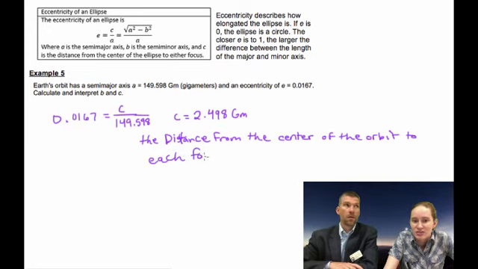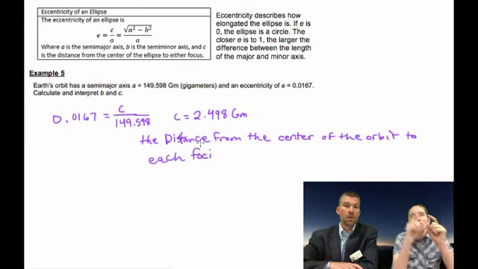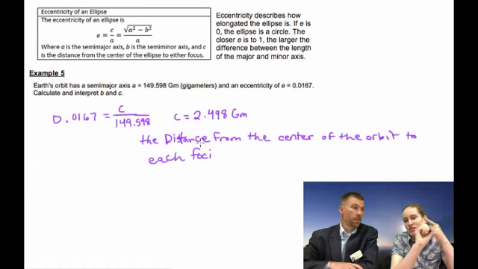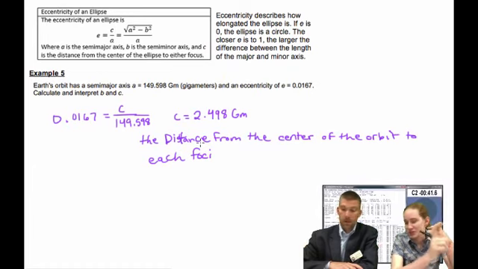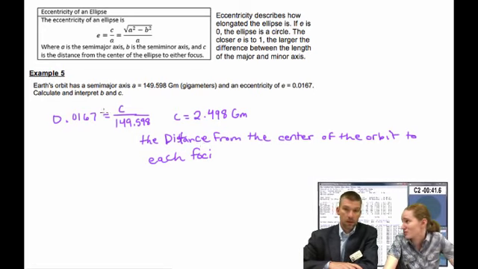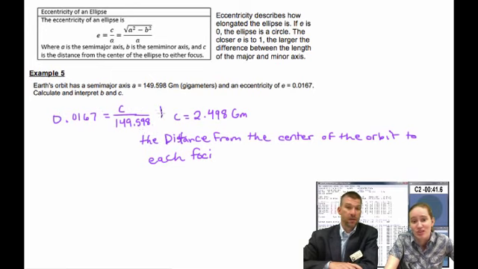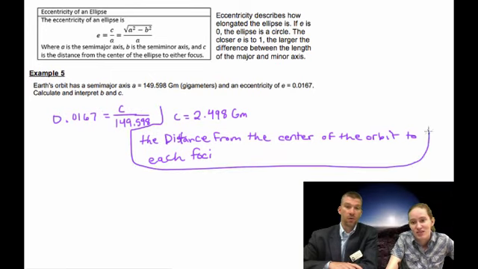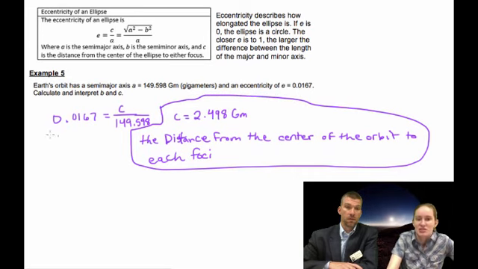Right. So we just said it's pretty circular, so that means the foci are really close to the center, but it's still 2.498 gigameters. I have a hard time talking about 2.498 million miles. That's quite a situation to have.